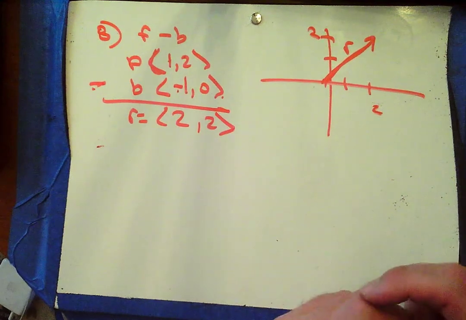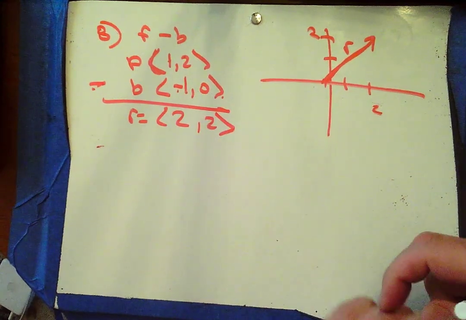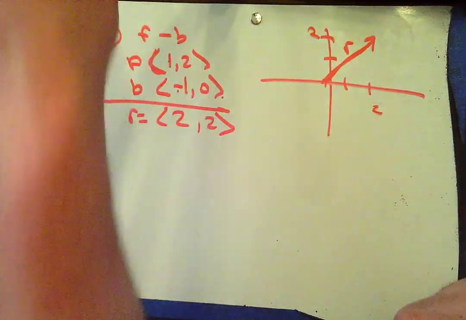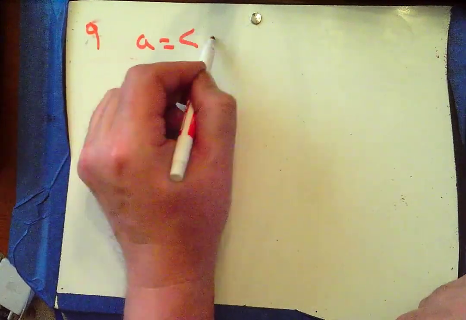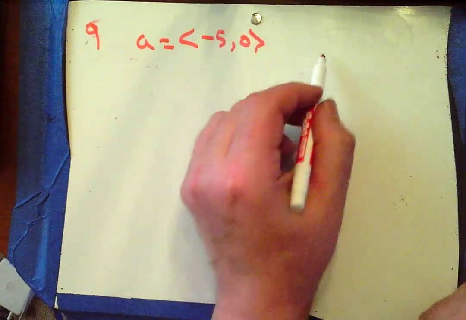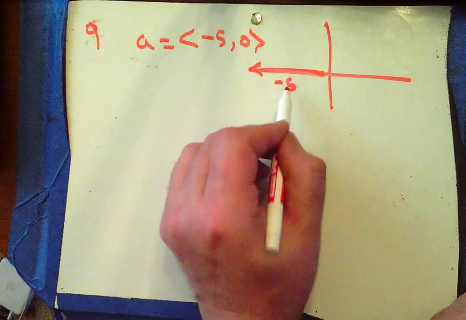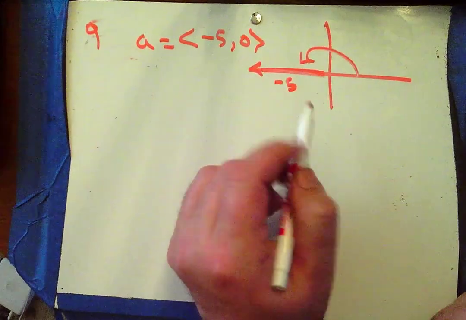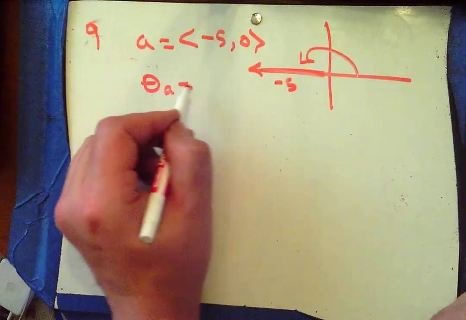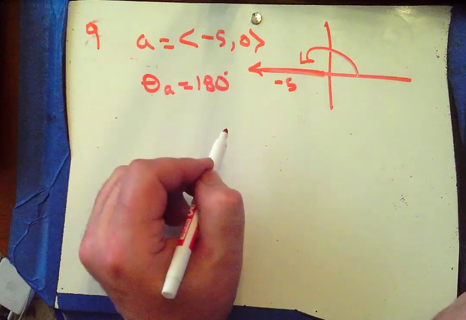Okay, problem number 9. Find the magnitude and direction angle for each vector. Okay, so A, 9 tells me that vector A is negative 5, 0. Well, I know from the graph of this that I'm just going this way, 5. What angle is that? Theta A is 180 degrees.